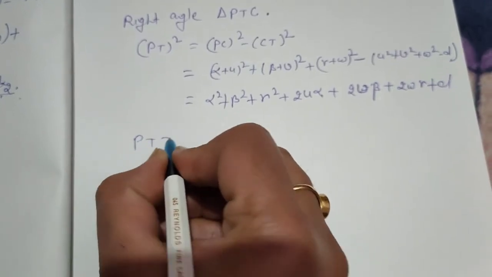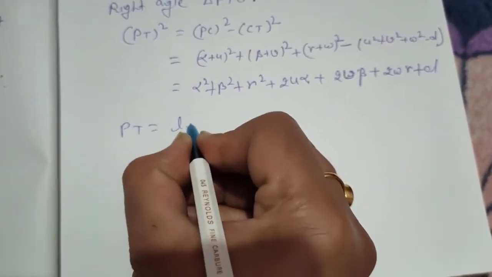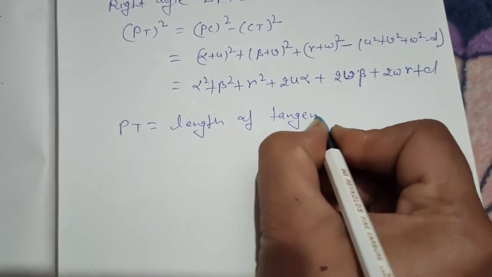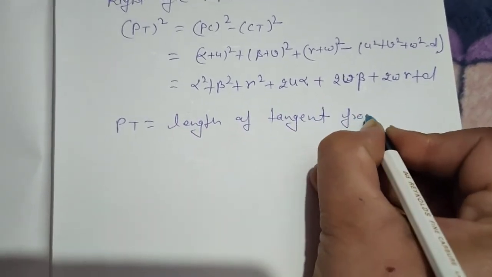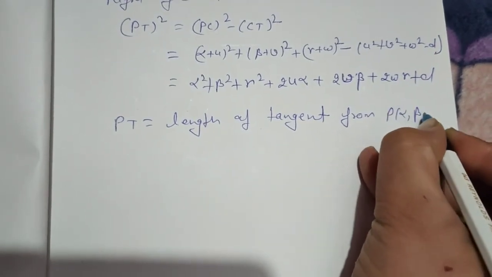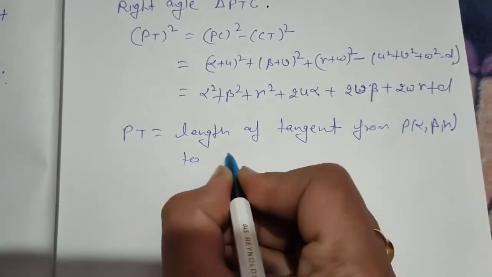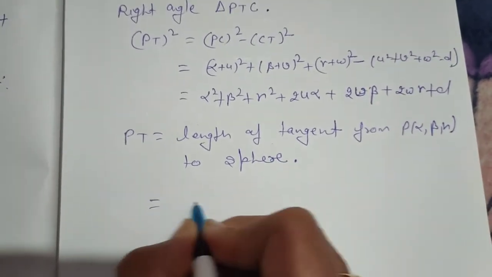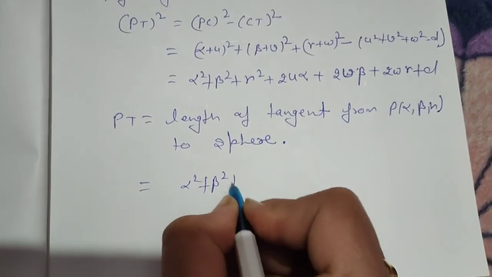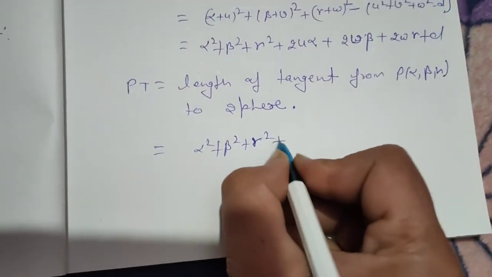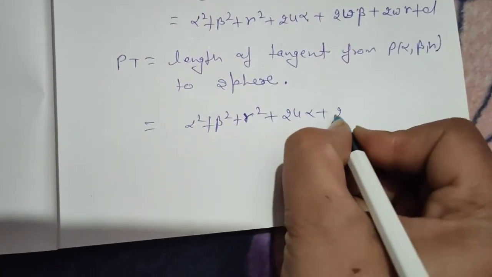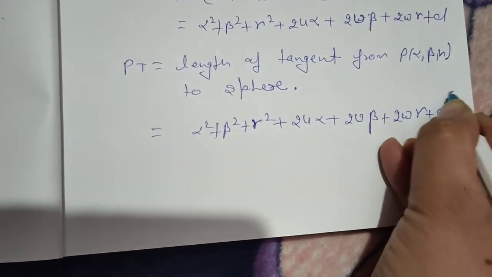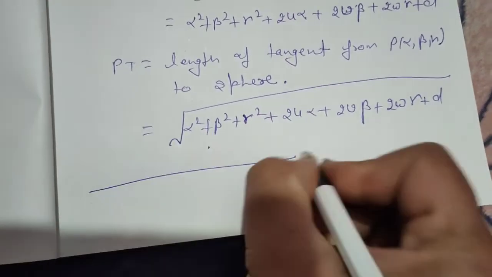Now PT is the length of tangent from P (alpha, beta, gamma) to the sphere, which is equal to the square root of alpha square plus beta square plus gamma square plus 2u alpha plus 2v beta plus 2w gamma plus d.